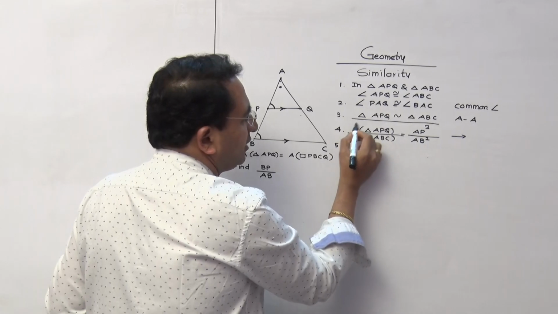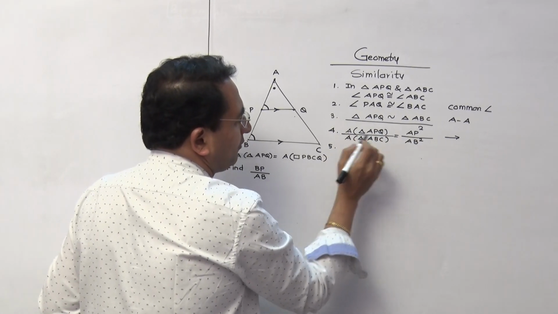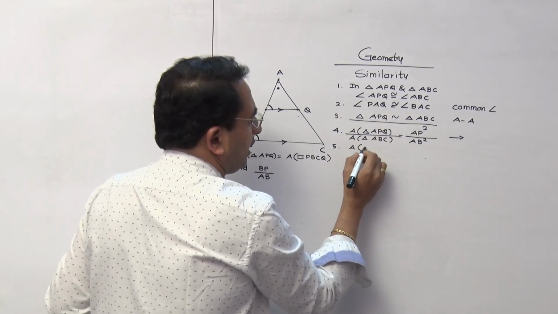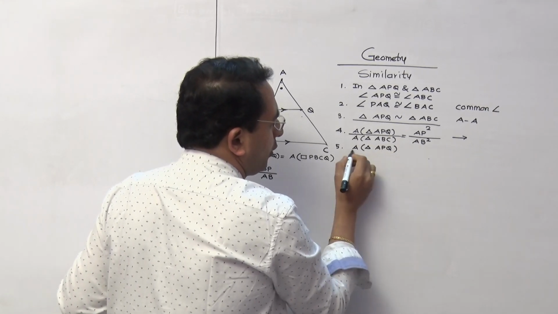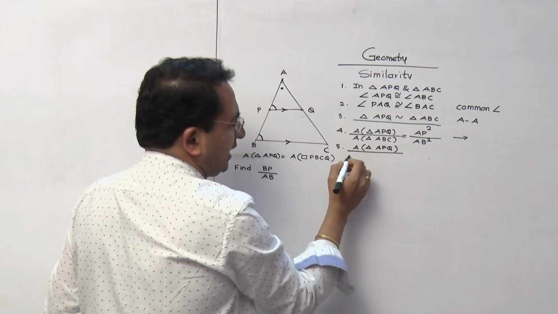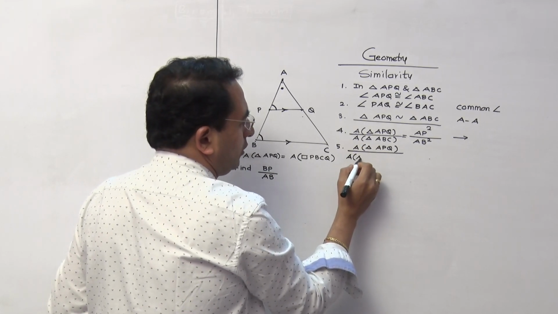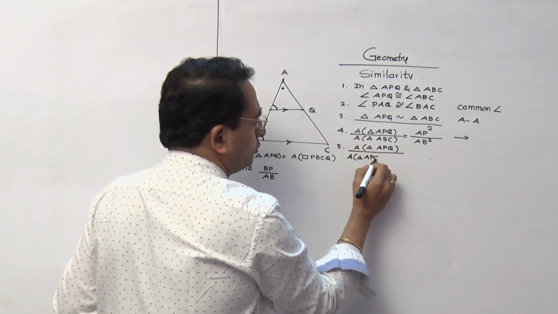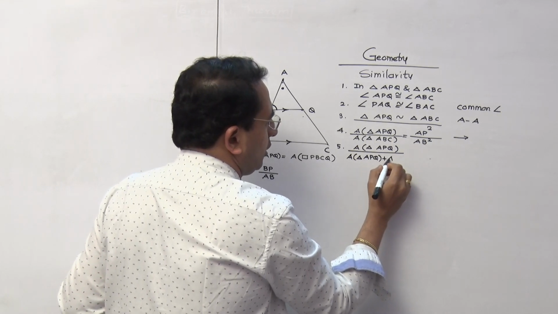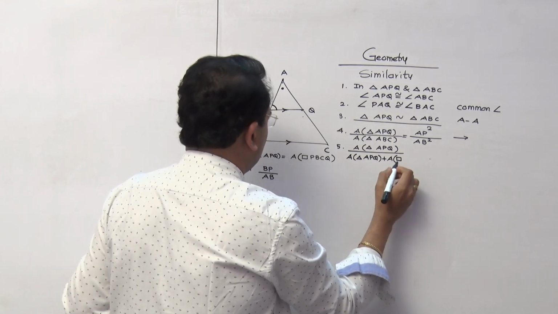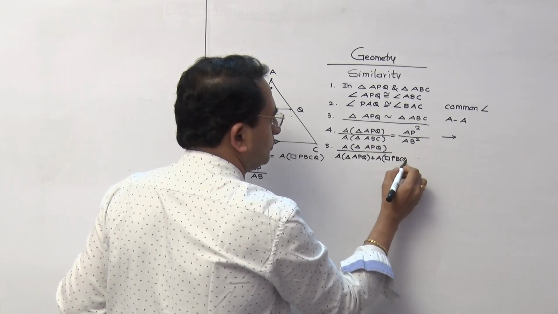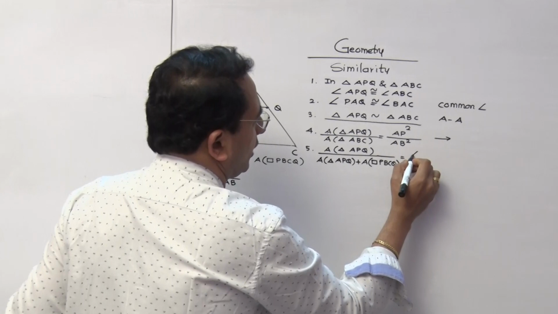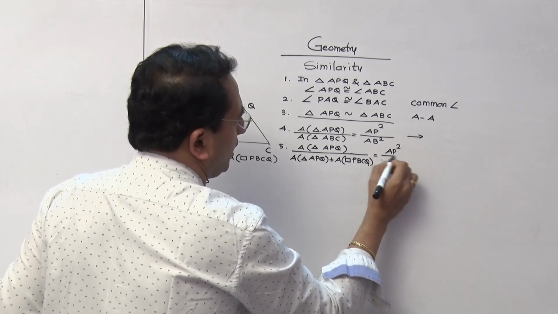Now we have to deal with this. I can definitely write here area of triangle APQ upon this, I can write as area of triangle APQ plus area of quadrilateral PBCQ, that is equal to AP square upon AB square.